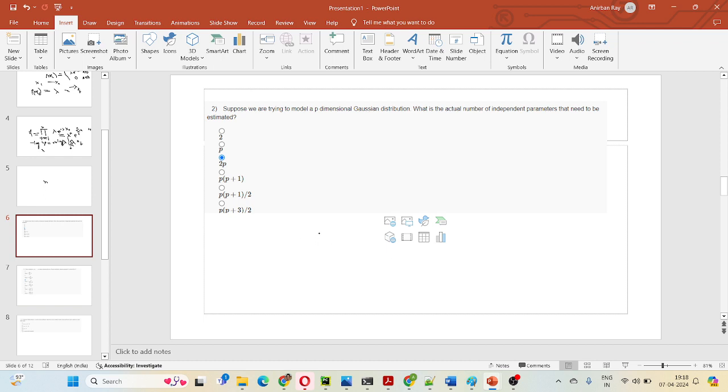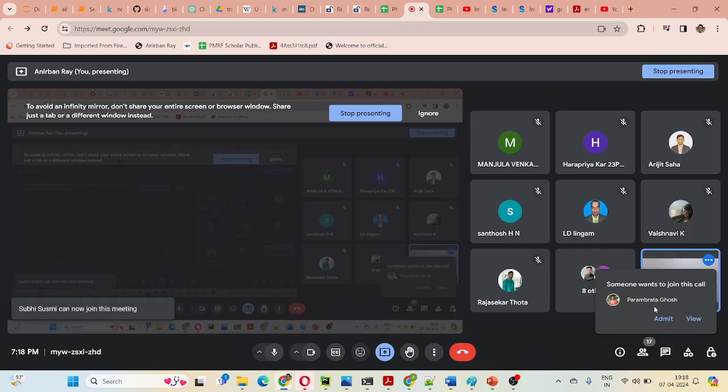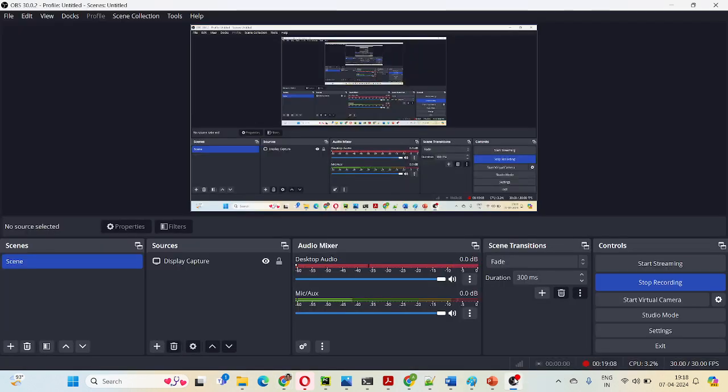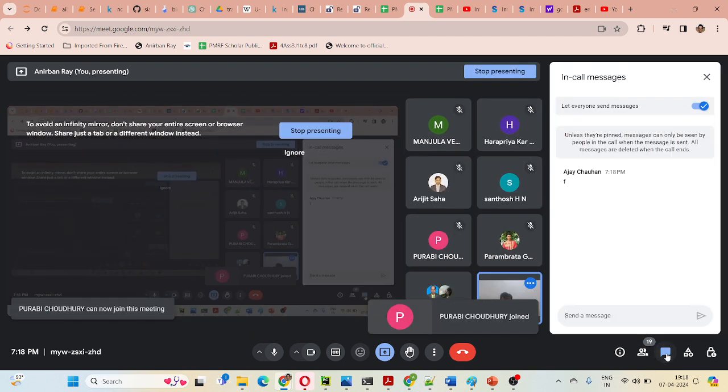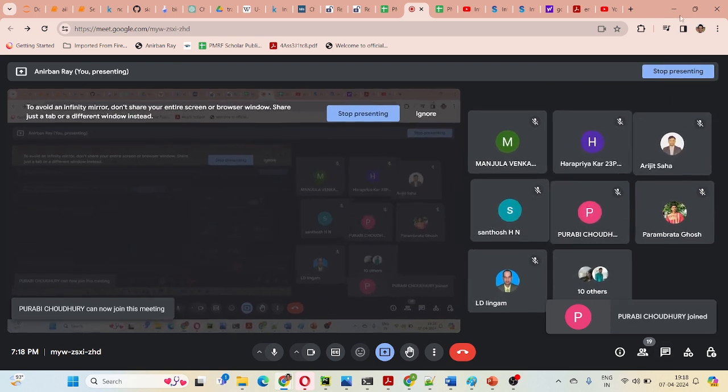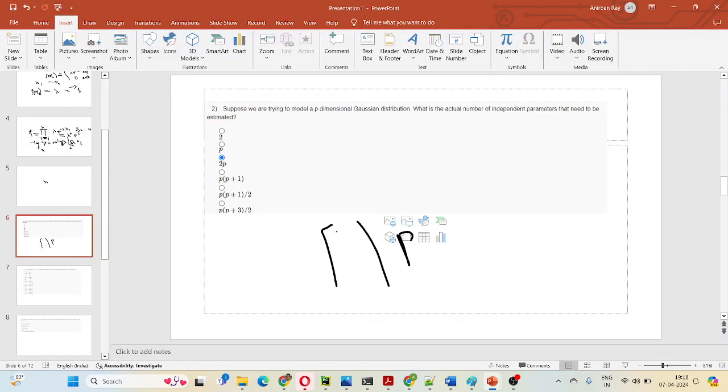From the Gaussian distribution, you know the mu vector is a p-dimensional vector. For a single case there is one mu, but for a multi-dimensional Gaussian distribution, the number of mu parameters is p.